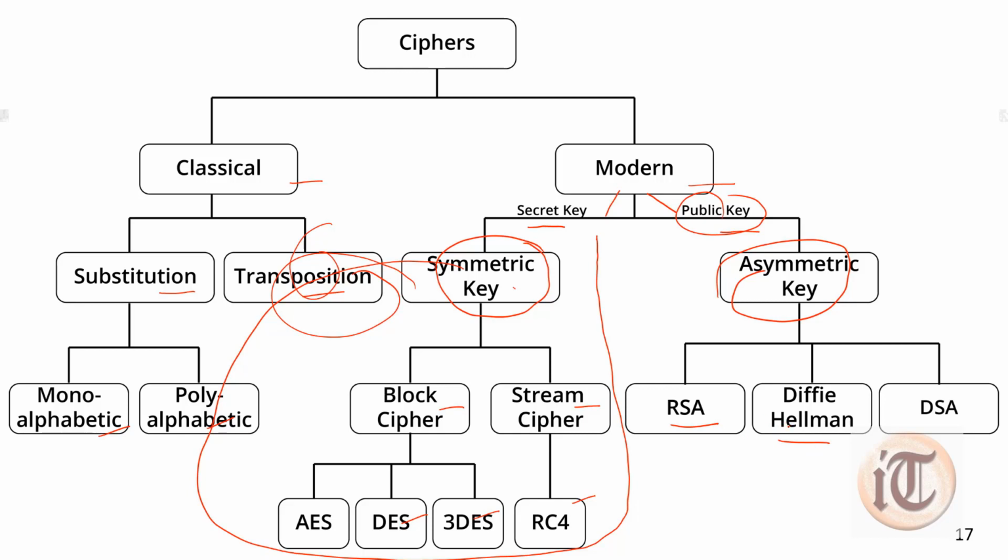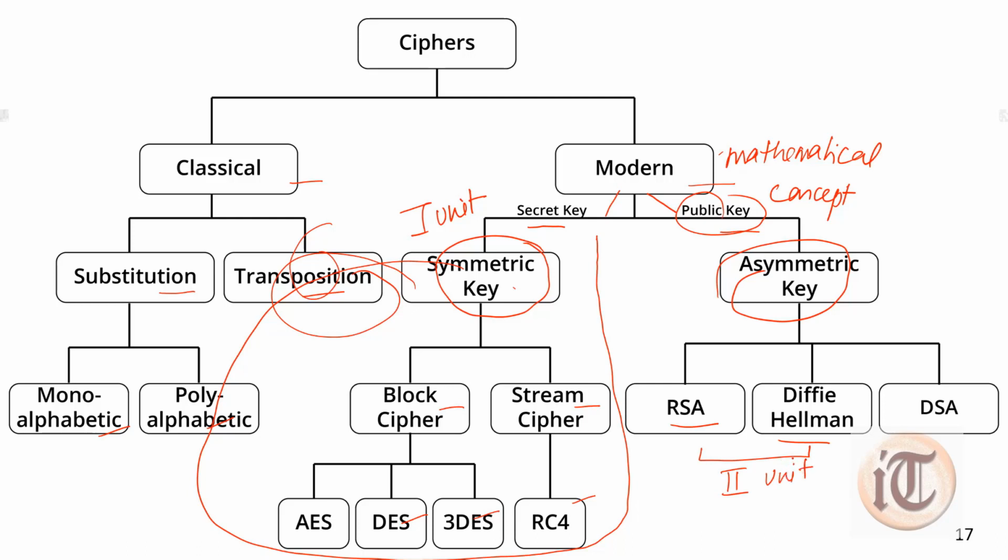And in the second unit itself, we will discuss some mathematical concepts that are behind cryptography. So RSA, Diffie-Hellman, asymmetric cryptography, and mathematical concepts are the second unit.